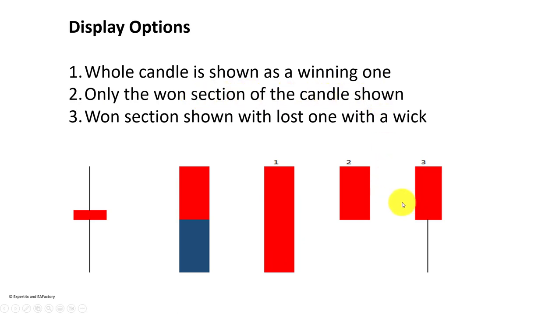So only the biggest winner of that particular candle, only that section is shown, the rest is ignored. So that's another charting alternative. And then there's the third one, which I personally like, where one section is shown, and then the one that has actually gained less than the winning section is just shown as a wick. But those will be shown in future videos.